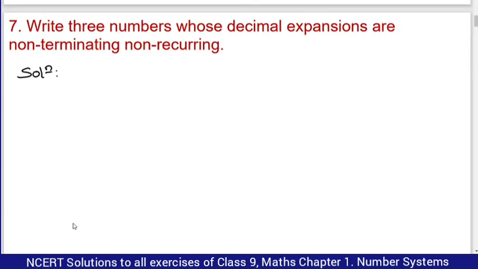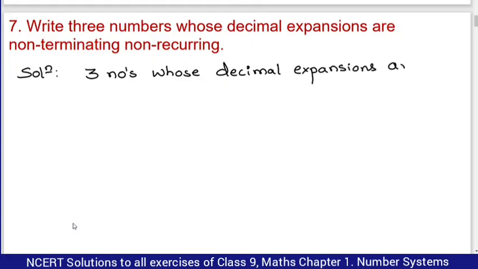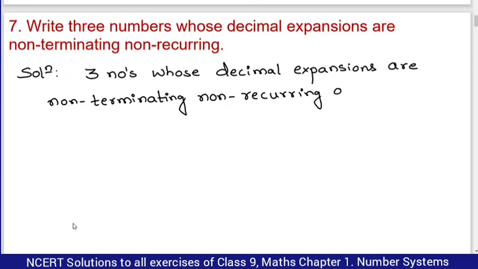Solution. 3 numbers whose decimal expansions are non-terminating, non-recurring are 0.01, 001, 0001, 00001 and so on.